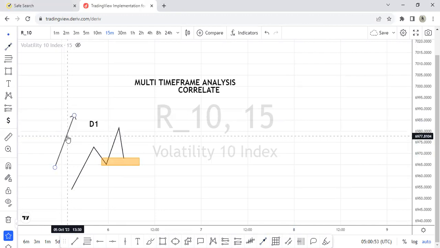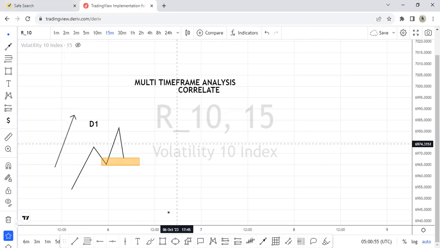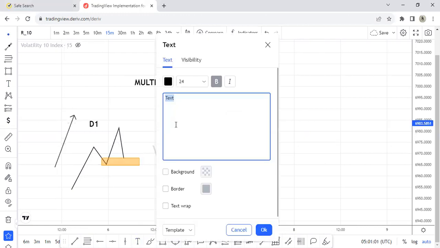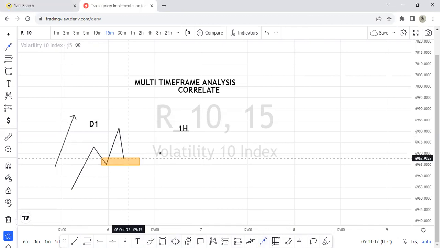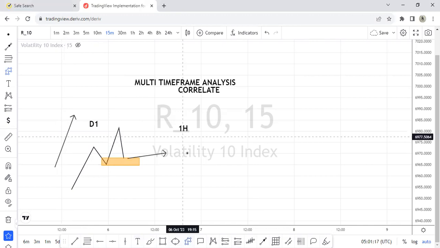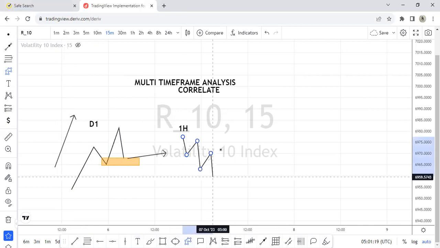So now, if the market is bullish, what you're looking for on the lower time frame, let's say maybe on the 1 hour. So on the 1 hour time frame, what are you looking for? Very simple. You are looking for the market to give you a similar change of character. So on the 1 hour, when the market hits your POI, what do you want to see? You want to see the market change from being bearish and become bullish.